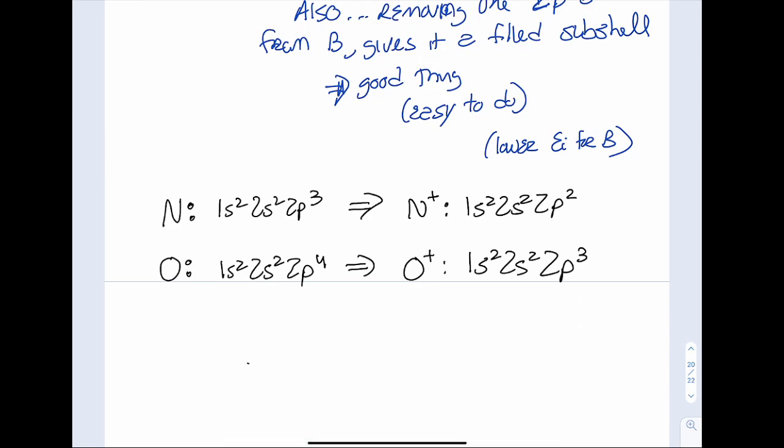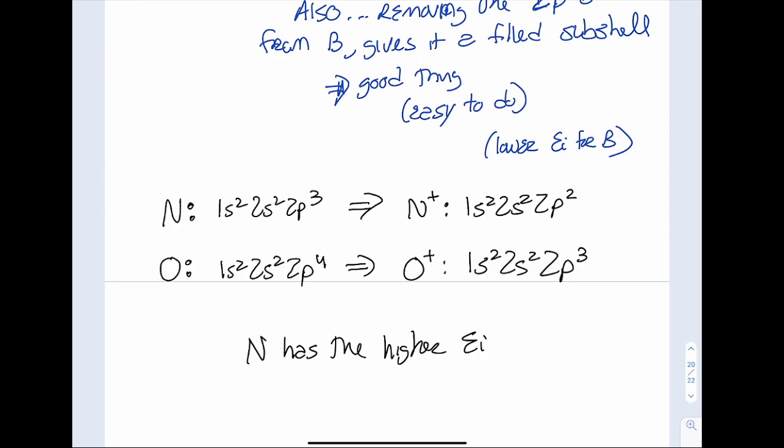If you said nitrogen, you are correct. If you were using that trend that I told us to ignore and scribbled out, so we're going to ignore the trend after I make this statement, you would be wrong because oxygen is further over.